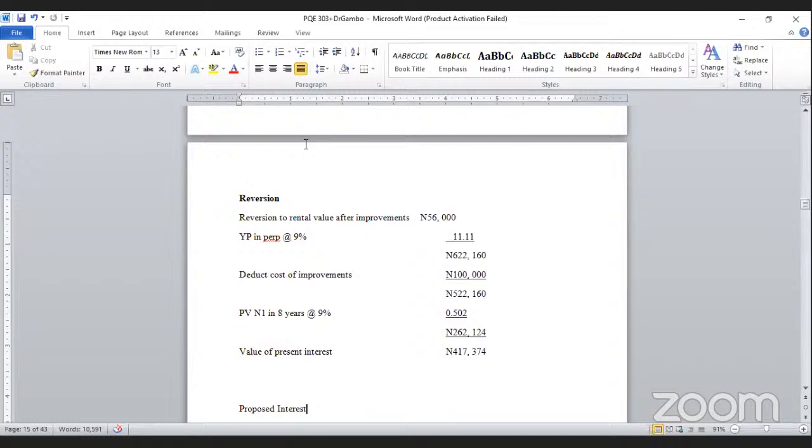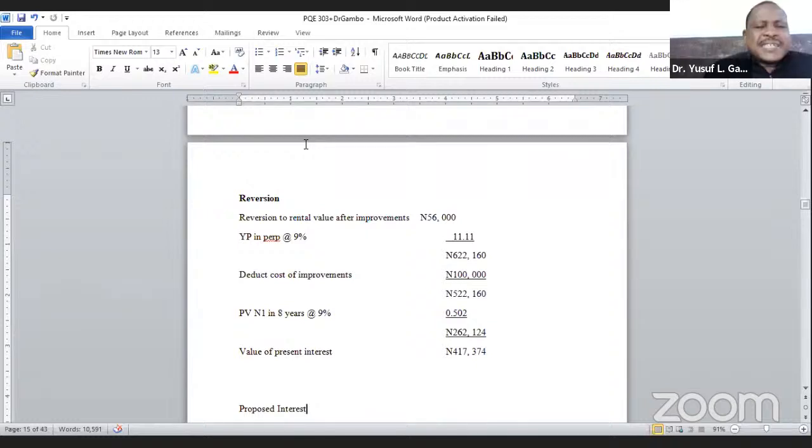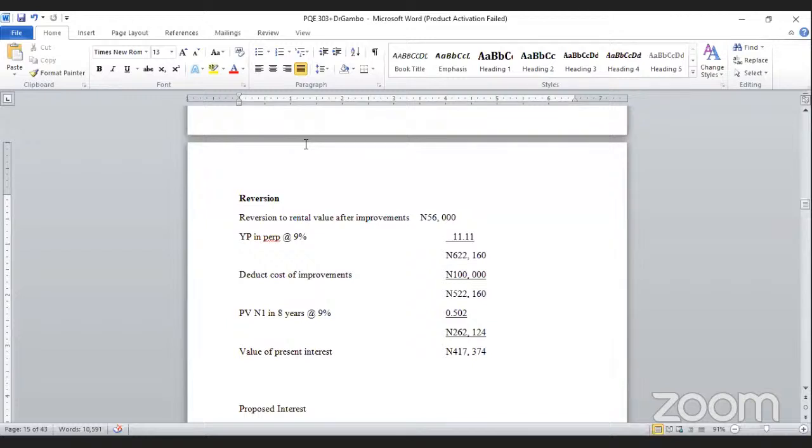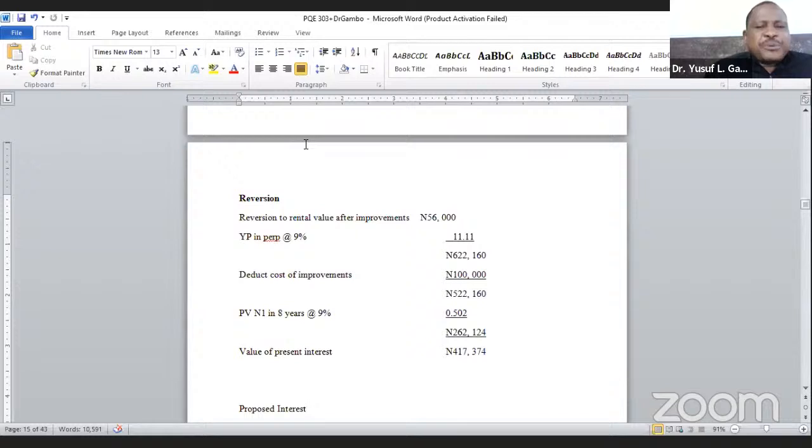Now, since we are taking this in 30 years and considering the 8 years, we discount that. PV of 8 years at 9% is 0.502. You multiply it by 522,160, you have 262,124.